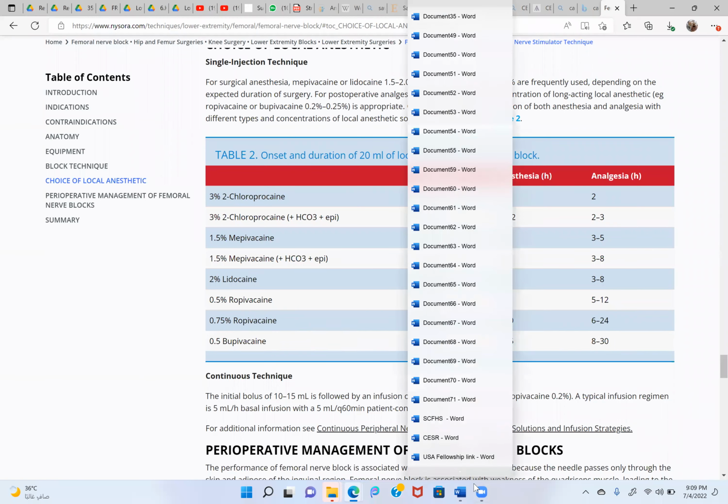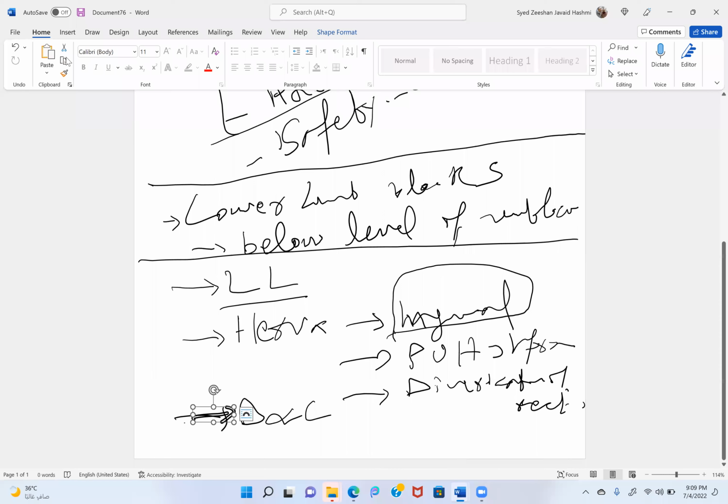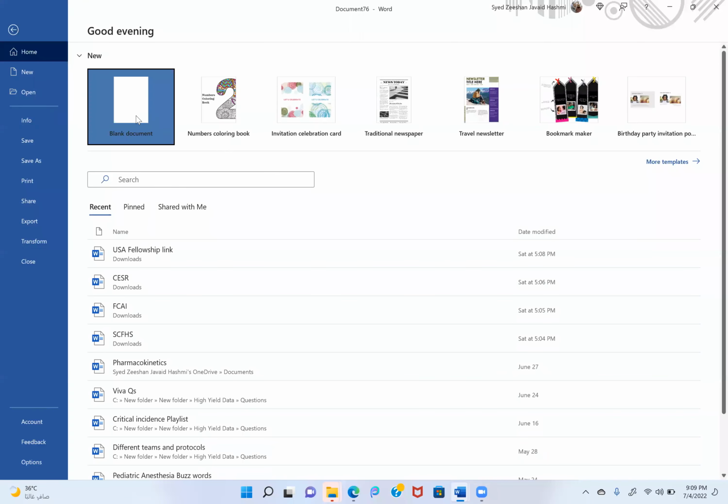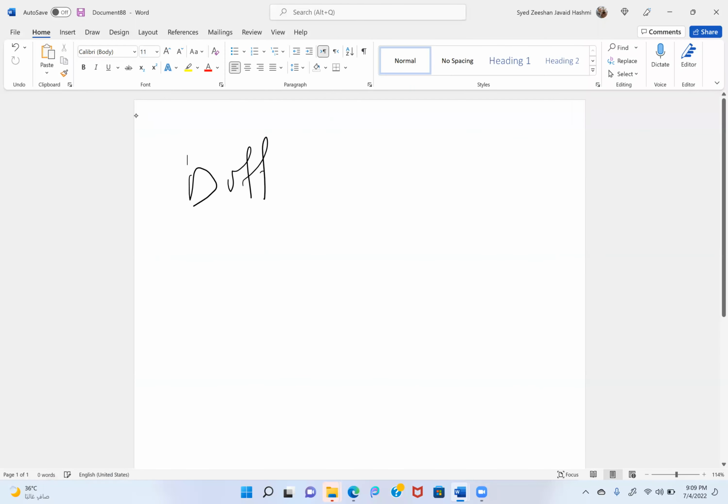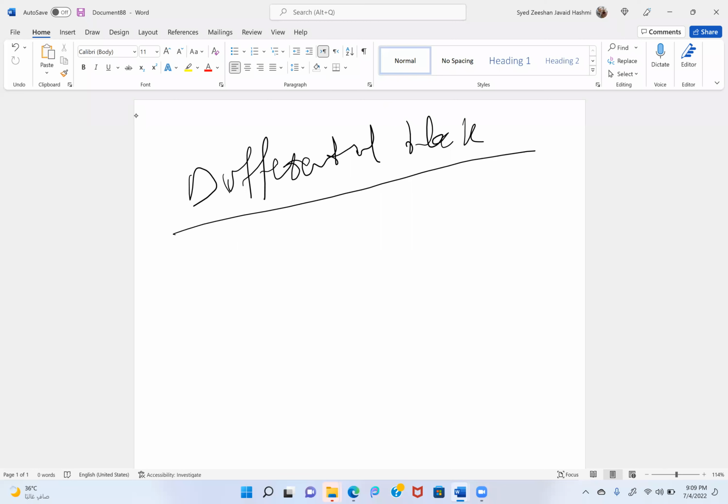Have you heard of it? What is the concept of differential block? Is it the walking epidural? Not walking, you are right, but it is not the correct word. It is motor sparing.